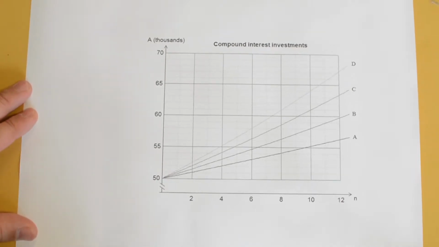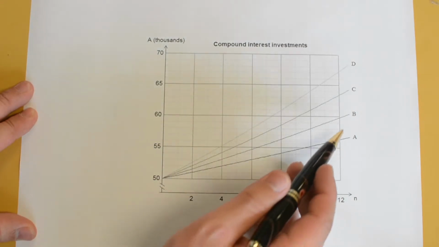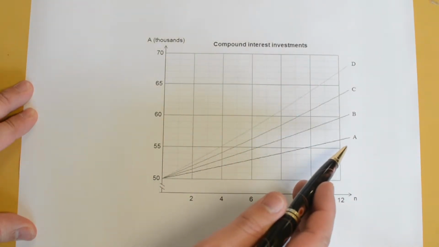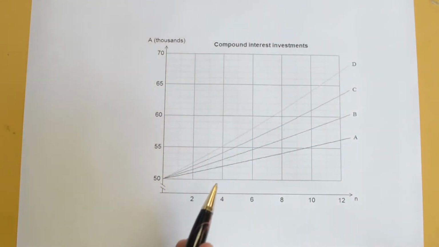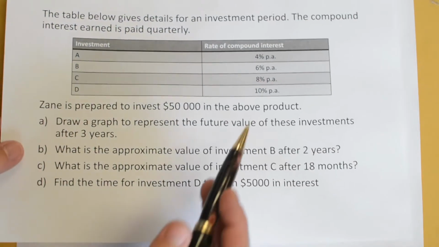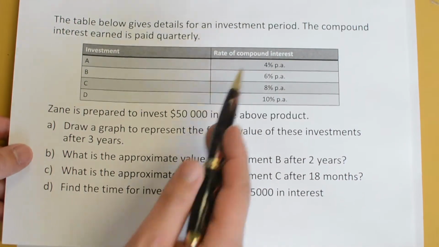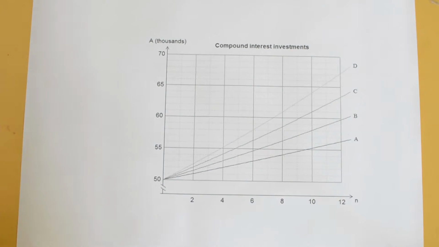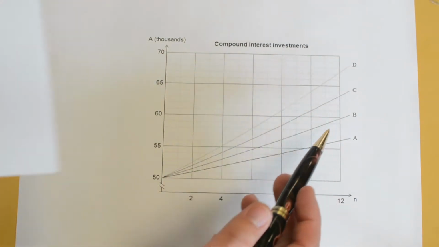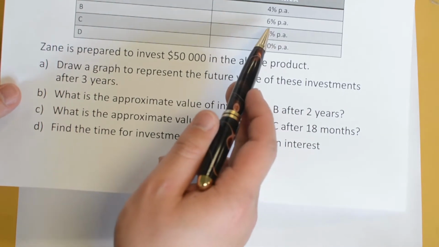What this graph shows us are your different investments. A was your first investment, which is 4% per annum. B would be this investment here, 6% per annum.